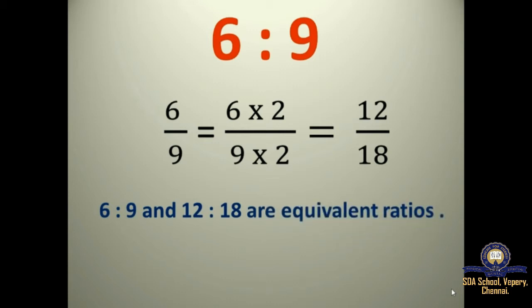So the first case is that equivalent ratios can be found by multiplying the numerator and the denominator. Now we'll move to the second case. Is there any other method to find an equivalent ratio? Yes, it's by division. We have the second ratio, 12 is to 18, which is the ratio of the number of girls to the number of boys in a class.